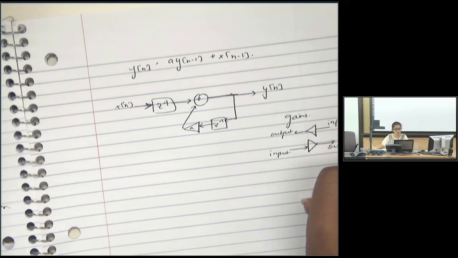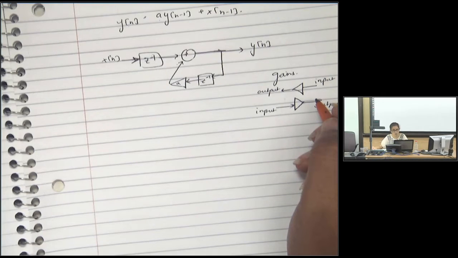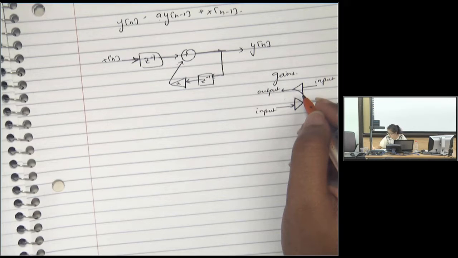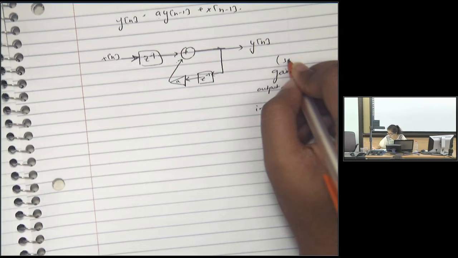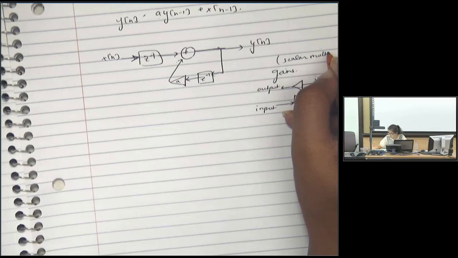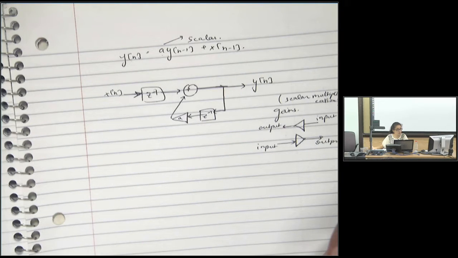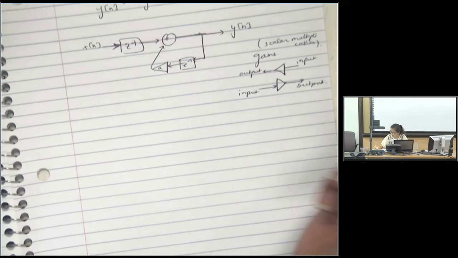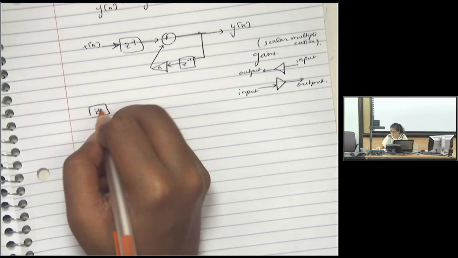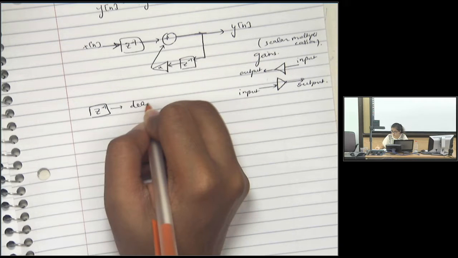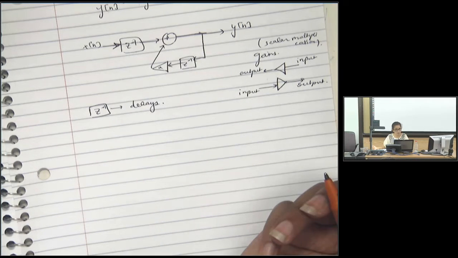So gain is always in these triangular boxes. Gain, as in a scalar multiplication. Okay, A is scalar here. And my delays are in these rectangular boxes.